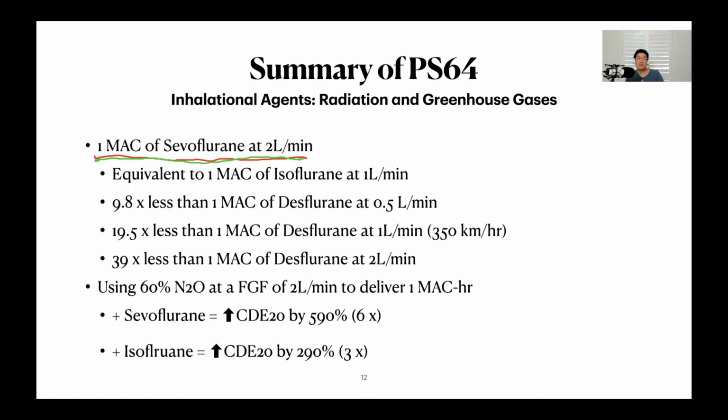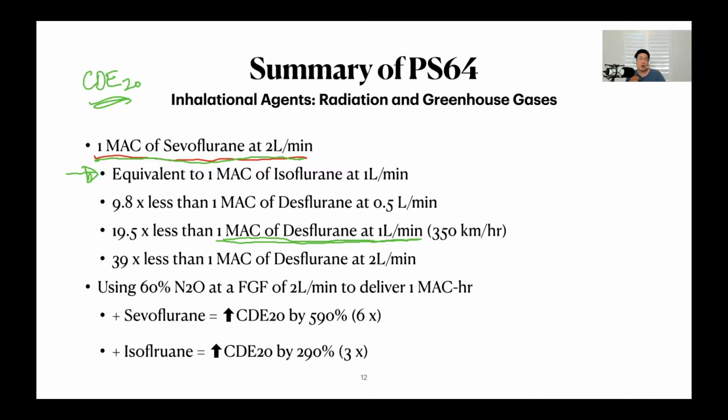So 1 Mac of sevoflurane at 2 liters per minute is equivalent to 1 Mac of isoflurane at 1 liter per minute. And this is talking about the carbon dioxide equivalents. The key one I want to point out is going to be this one here. Okay, so running 1 Mac of DES at 1 liter per minute. And this is the one I want you to remember.